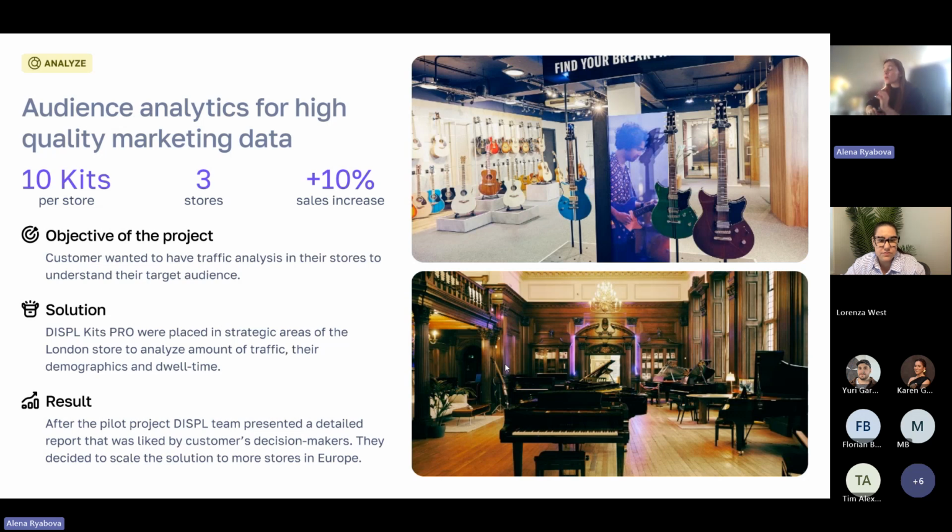And they wanted to understand what people are coming into each zone, who is interested in what, and how they can make it more personal, how they can put their stuff into the right places to increase their sales. So that was the first step, they needed to understand the audience in each part of this big store. Who are the guitar lovers? Who are the piano lovers? And then they can adjust their ads according to the data that they will receive.